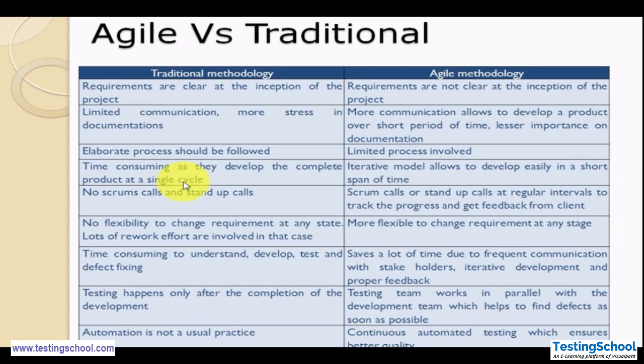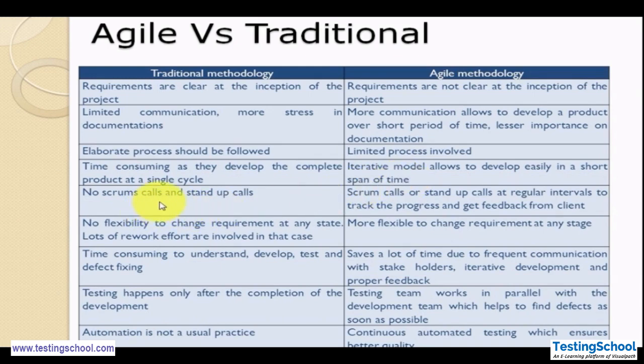But agile model is an iterative model that allows you to develop in a short span of time because we have a 15 days cycle. So let's say our sprint is 15 days. In that 15-day cycle, you have to develop your requirement and you have to test that also.